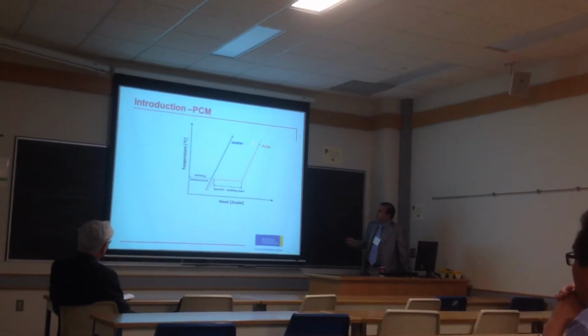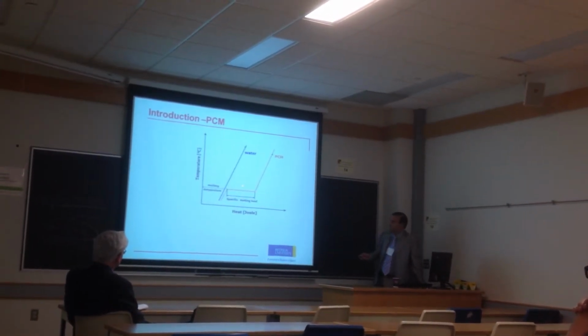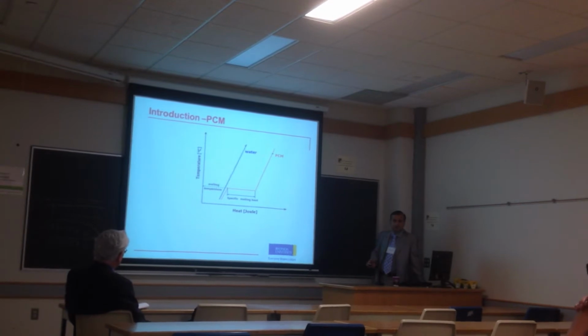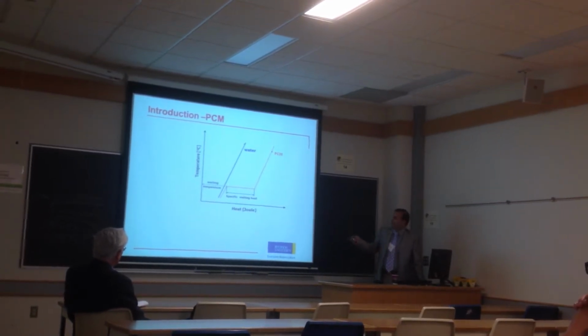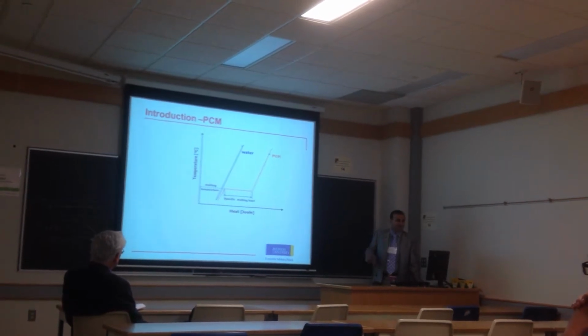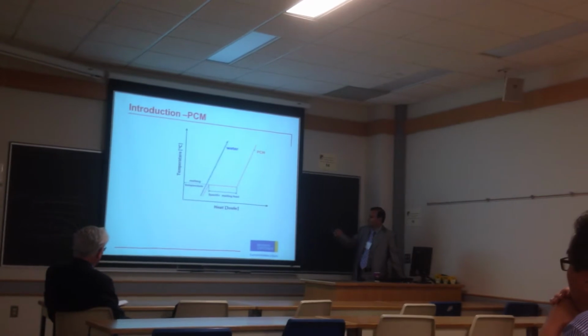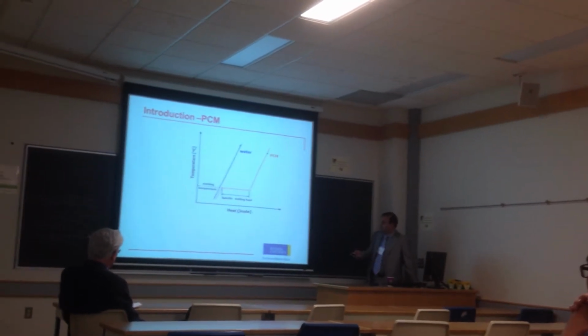And the important thing for PCM in building science is this temperature should be within set point. Otherwise, PCM really doesn't have any help based on latent heat. It just works like sensible.